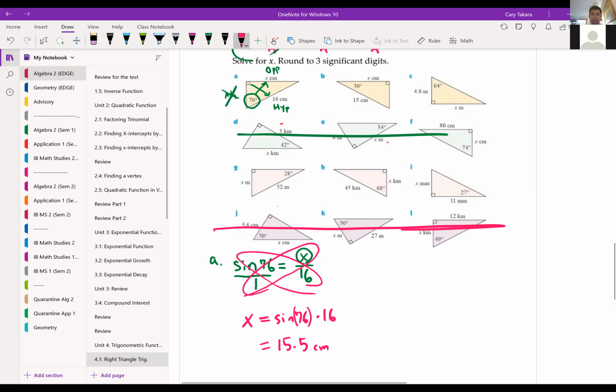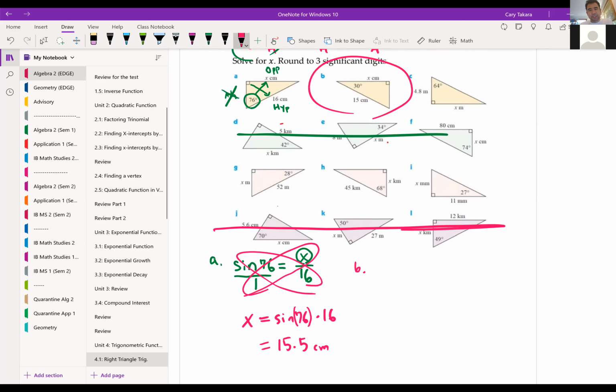Yeah. Let's do B. You do this by yourself this time. So label the triangle.